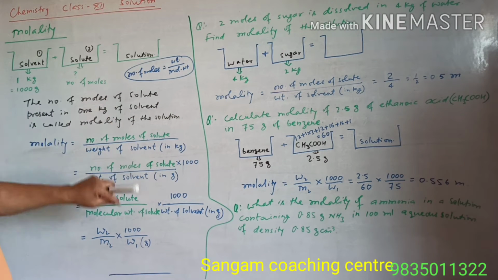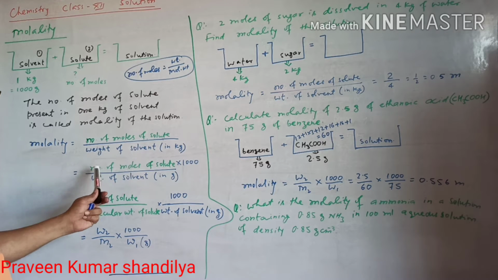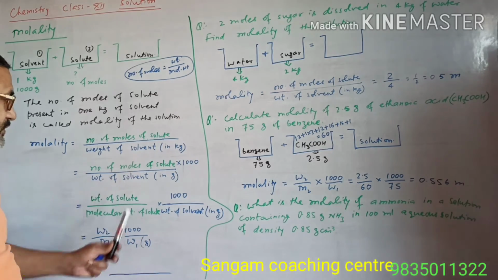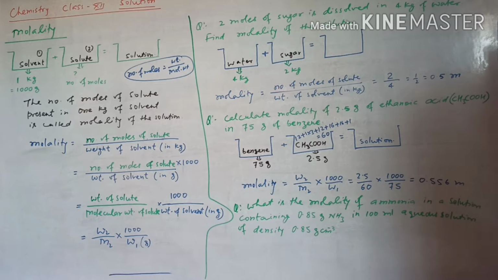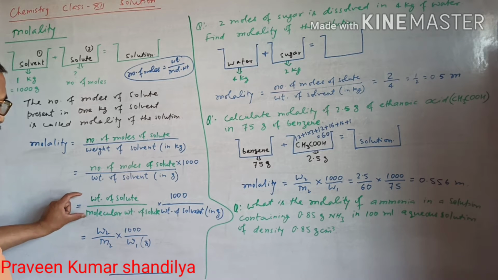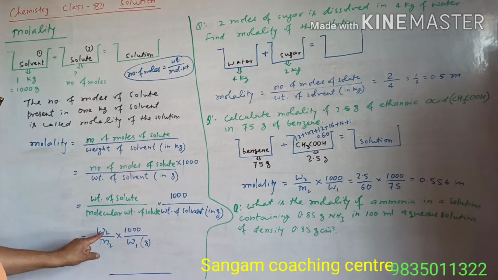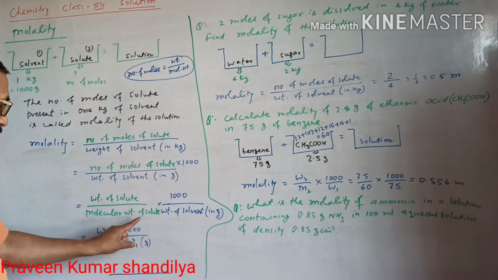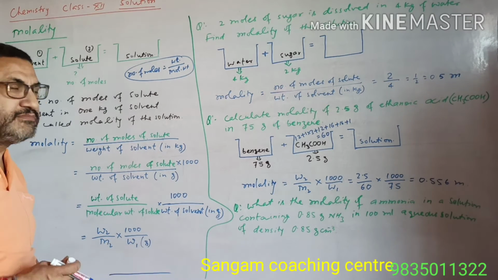So we can put here number of moles of solute means weight of solute by molecular weight of solute, into 1000, by weight of solvent in gram. Now we can write it as W2 by M2 into 1000 by W1 gram.